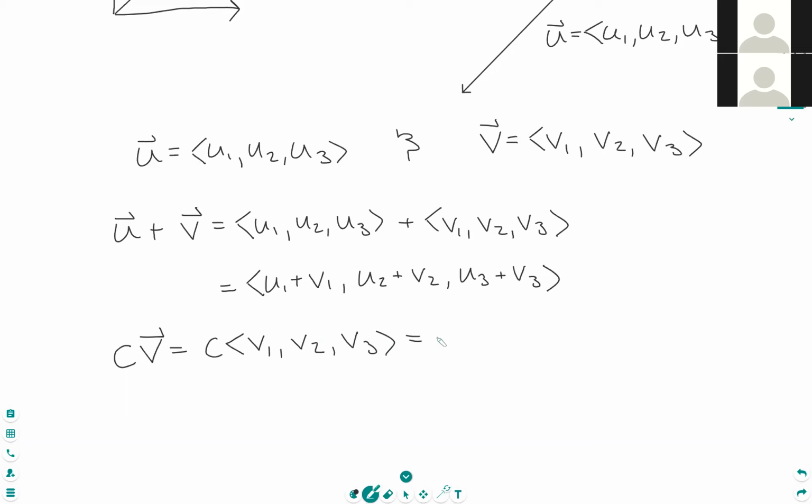Or another way of writing this is that c gets multiplied to every single component, like so. And this scales the vector by a factor of c. So most of this class, we're going to be talking about vectors not as graphically, but more in this kind of notation. Okay.